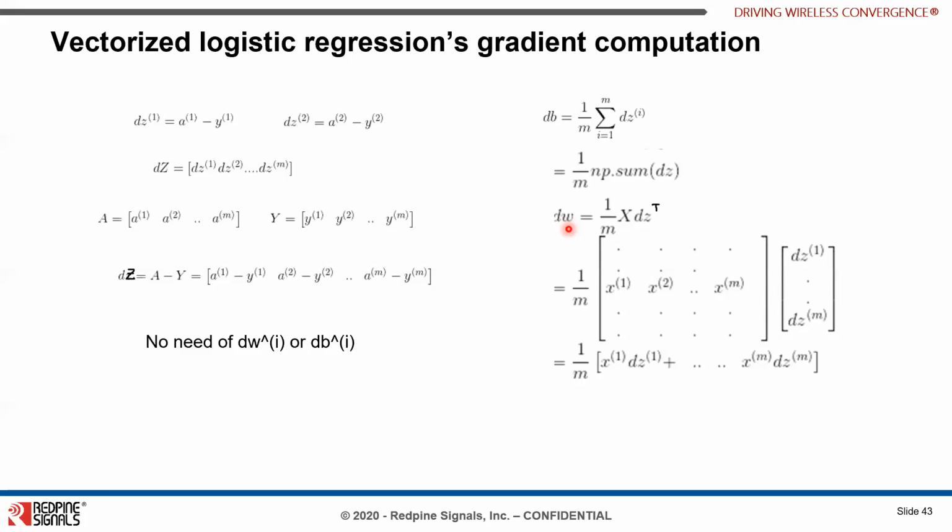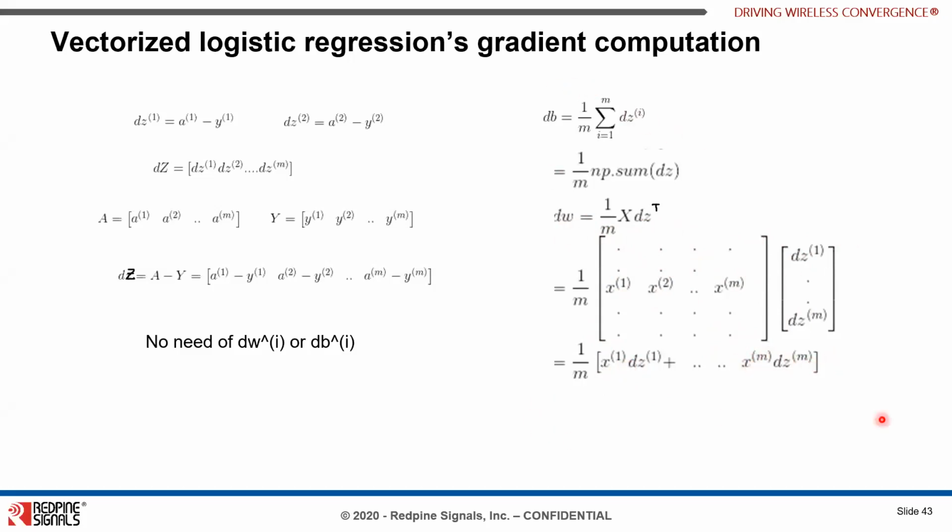It's a transpose, and X you represent in this way: m training samples and n features. So x1, x2 until xm, and dw is basically X times dZ transpose, and this facilitates the matrix multiplication. Finally we get x1 dz1, x2 dz2 until xm dzm.